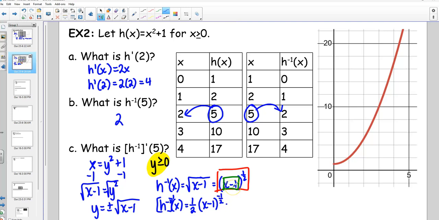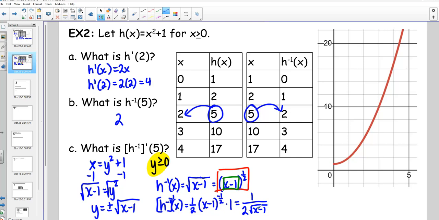And then I've got to multiply by the derivative of the stuff on the inside. But what is the derivative of x minus 1? It's just 1. So they'll probably send this back down to the bottom with the square root. It'll make it easier to evaluate. So we got 1 over 2 square root of x minus 1.